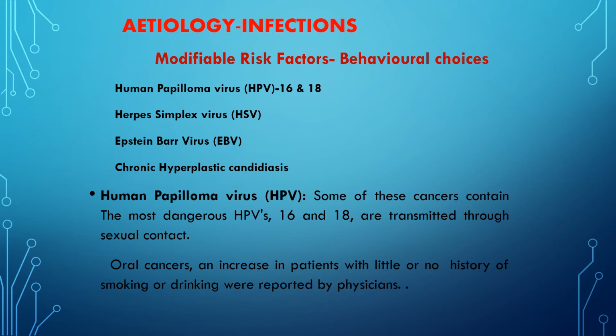Human papillomavirus. Some of these cancers contain the most dangerous HPVs, 16 and 18, which are transmitted through sexual contact. Oral cancers, an increase in patients with little or no history of smoking or drinking, were reported by physicians.